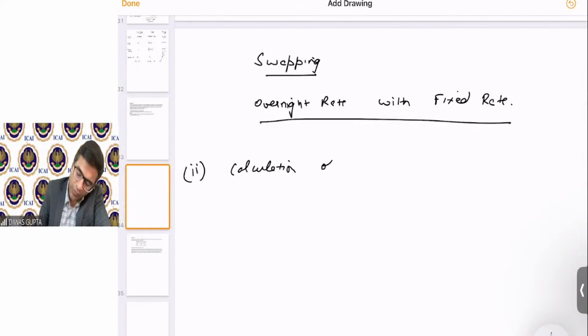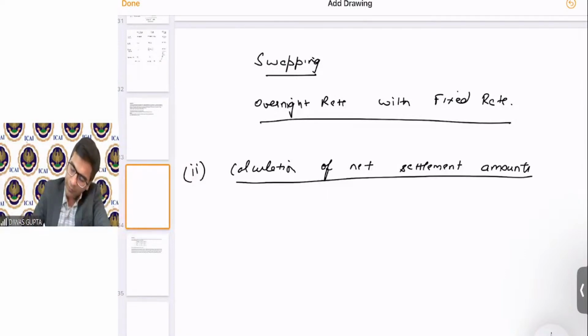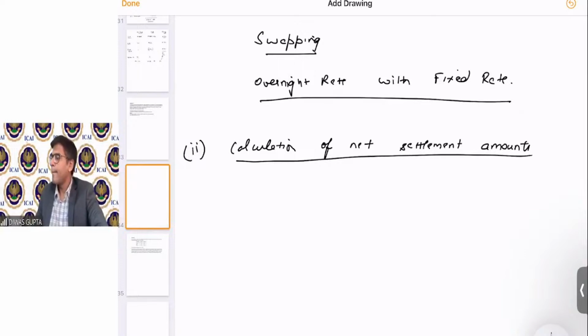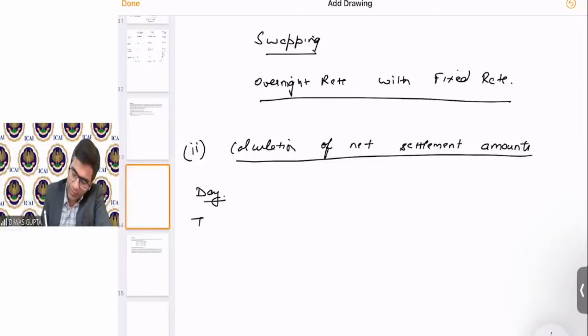Calculation of net settlement amounts. Okay. These are the days. So we will start with Tuesday.